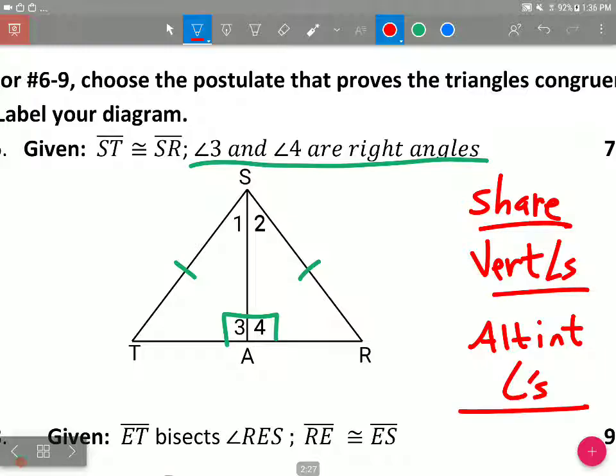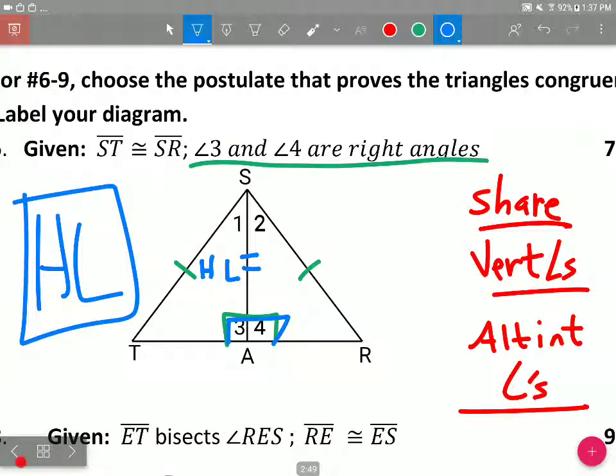Well, this one, they share a side. So I have a side and an angle. Now the side-side angle doesn't work, but this is a right angle, so I really have a hypotenuse leg. So H, L. All right, let's keep rolling.